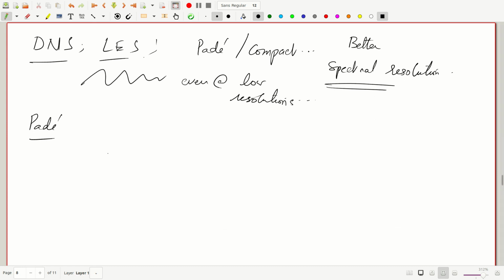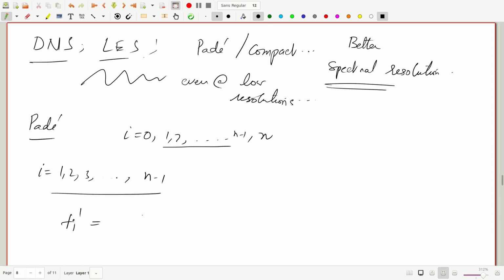So if you go back to the original case, you have 0, 1, 2 all the way to n. If I consider the interior points, that is going from 1 to n minus 1, so for i ranging from 1, 2, 3 all the way to n minus 1, the derivative f i prime using the Pade scheme can be written like this.